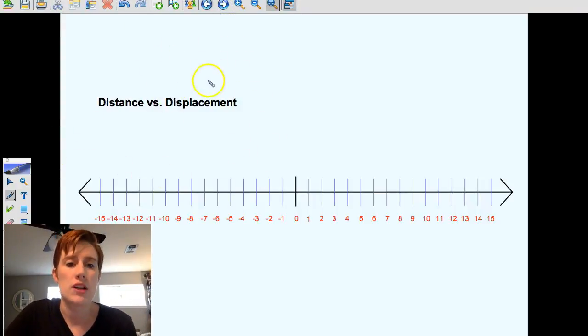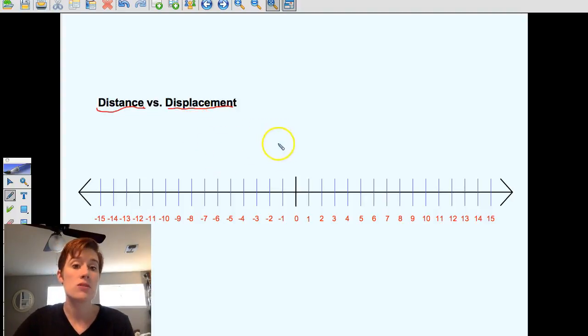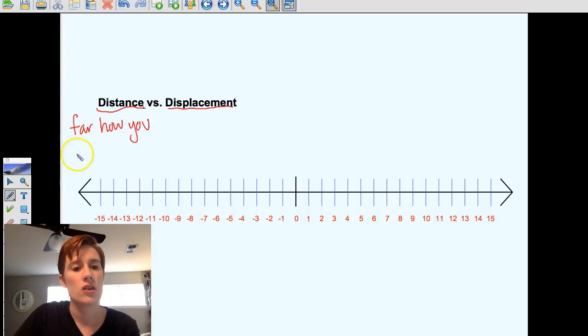Let's look at one of the vector quantities, which is displacement. And we're going to talk also simultaneously about this word distance, because distance and displacement, they not only sound the same, but they also almost mean the same thing. So distance is how far you have gone.